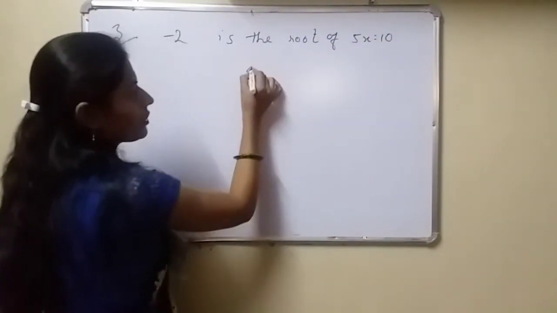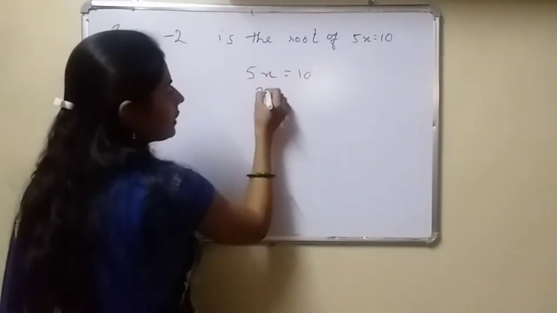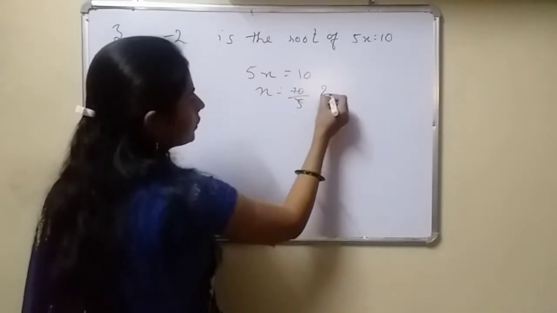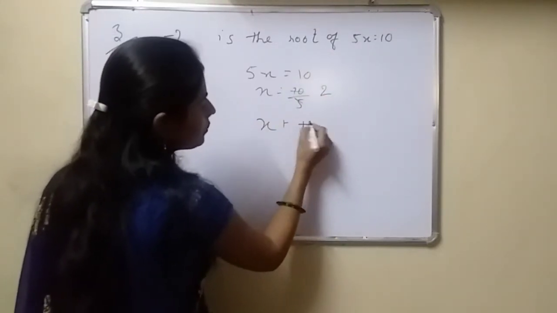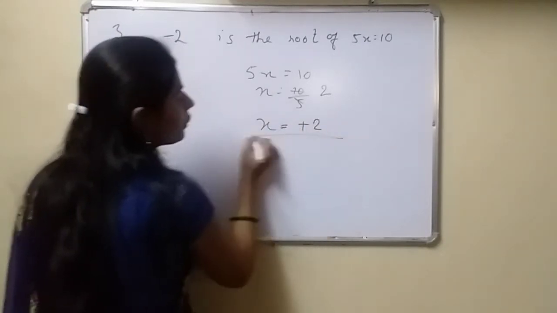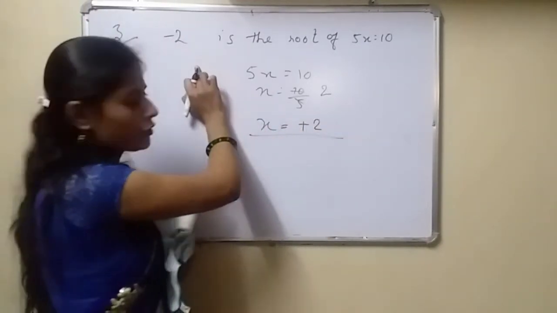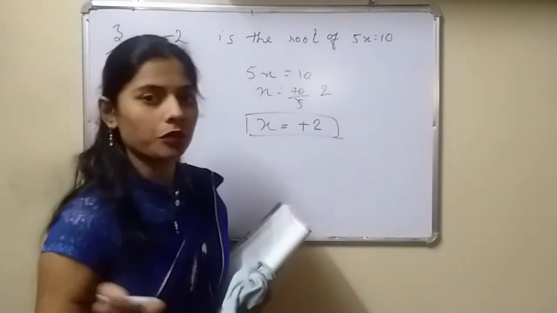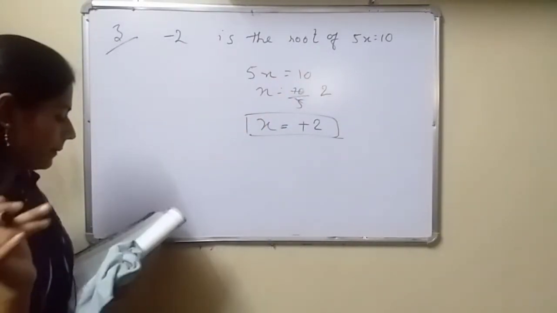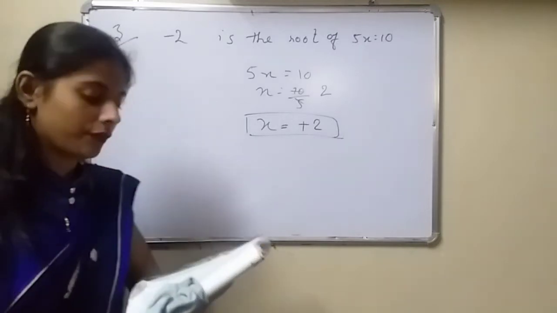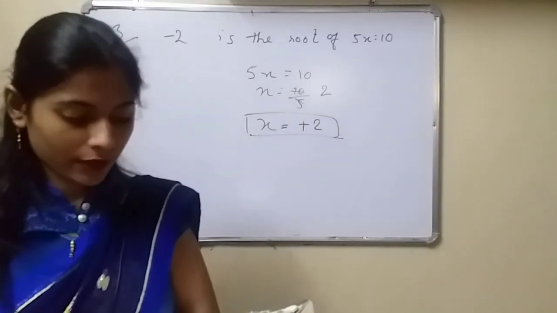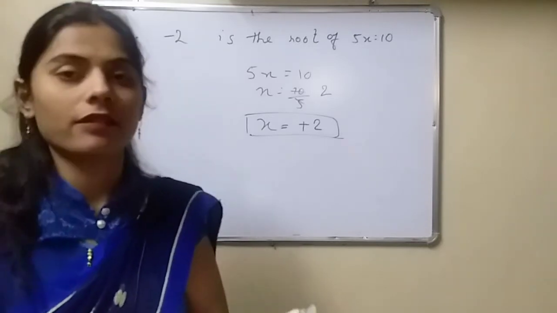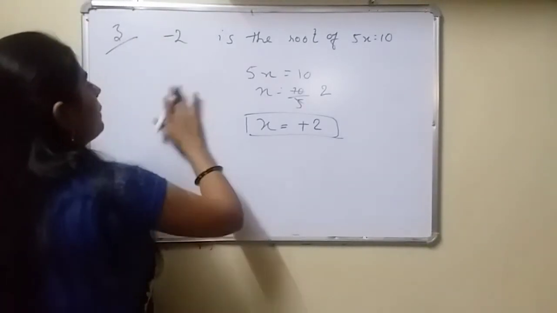So solve the equation 5x is equal to 10, x is equal to 10 by 5. Here you are getting x is equal to plus 2, but what is given in the question is minus 2. So no, minus 2 is not the root of 5x is equal to 10, that you have to determine here. In B you also have to do it like this, and in C see whether 2 is the root of x cube minus 8 is equal to 0.